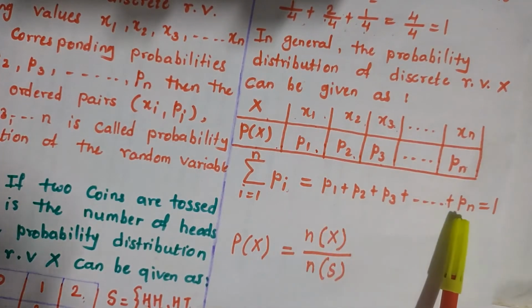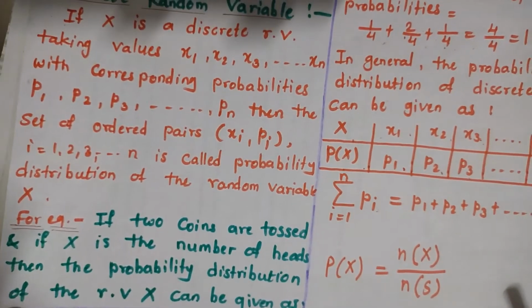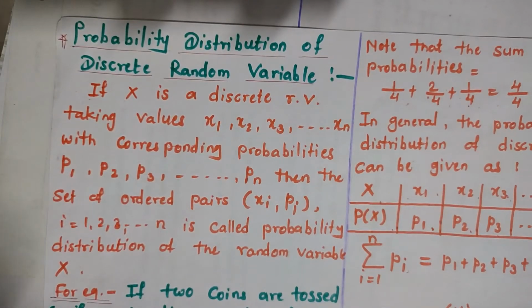The addition of all probabilities is equal to 1. So this is the concept of probability distribution of a discrete random variable.